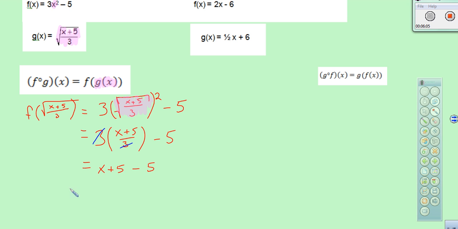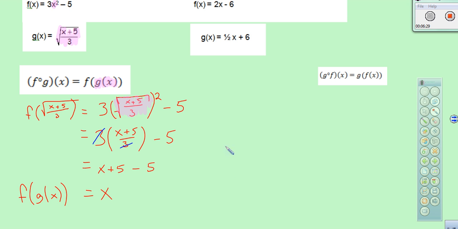Now you'll notice on this step I dropped my parentheses. That's because I'd completed everything I could inside my parentheses, so I was done. Last step, I simplify, and I find out that 5 minus 5 is 0, so I get x. So at this point, I have f composed of g of x is equal to x.